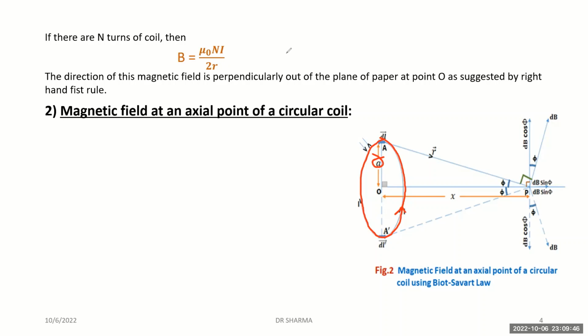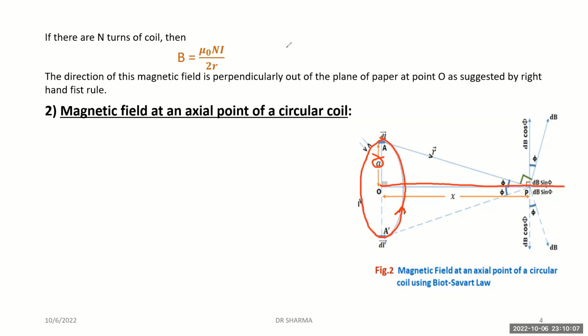The plane of this circular coil is actually perpendicular to the plane of our screen, and the axis of the circular coil is on the plane of the screen.